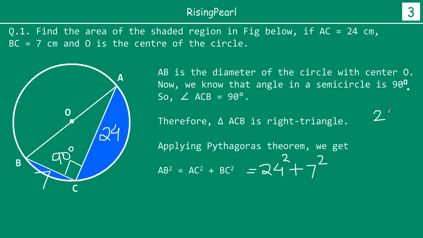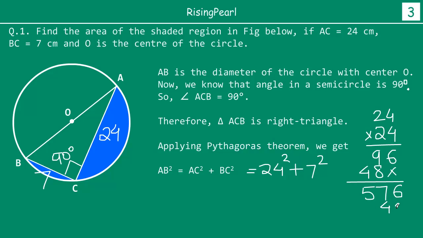Now let's find out the 24 square over here. 24 times 24. So 4 4s are 16, 4 2s are 8, 2 4s are 8, and 2 2s are 4. So this basically comes to 576 and this is 49.